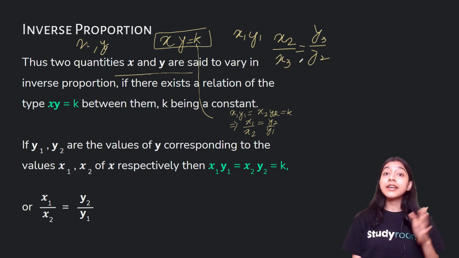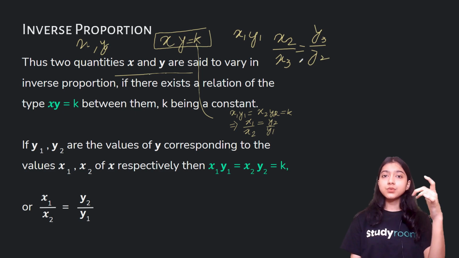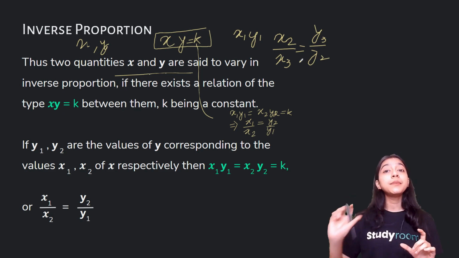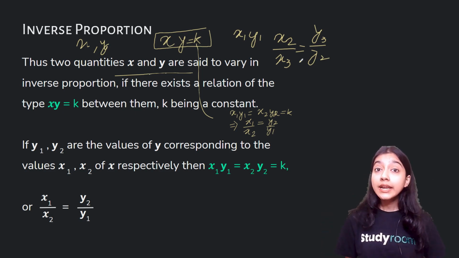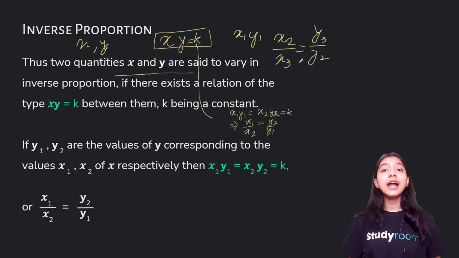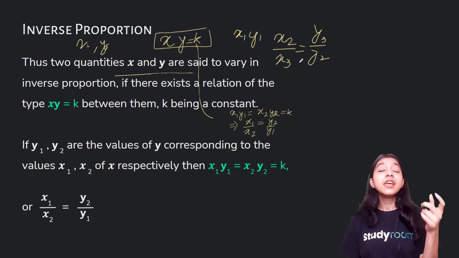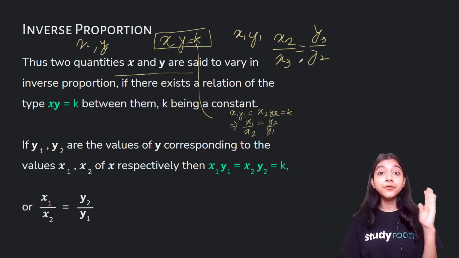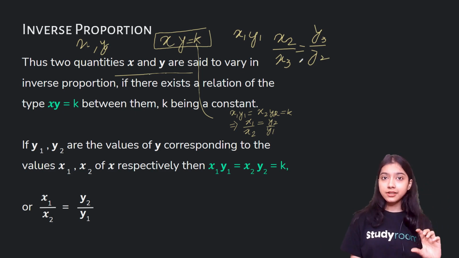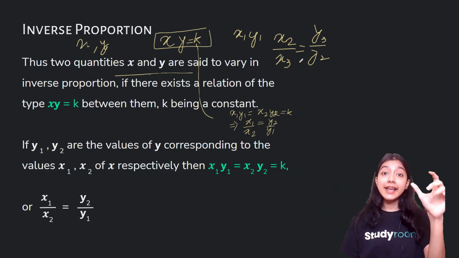When we taught direct proportion, there we had that the ratio will be constant. x1 by y1 will be equal to x2 by y2 will be equal to x3 by y3. The only difference in case of inverse proportion is that here the ratio will be of the first variable, that is x1 and x2. In the previous example we had x1 by y1.